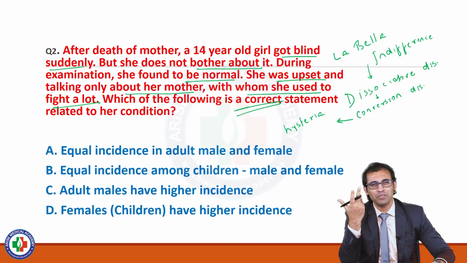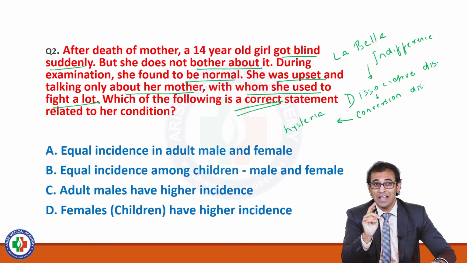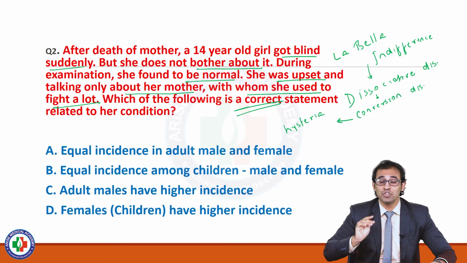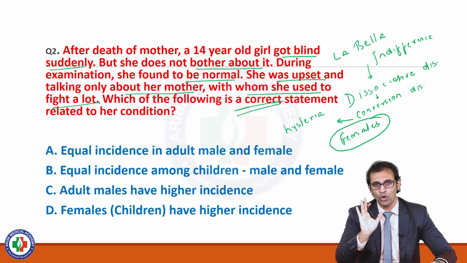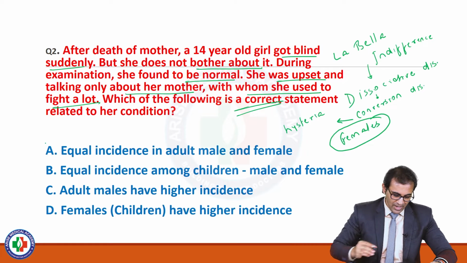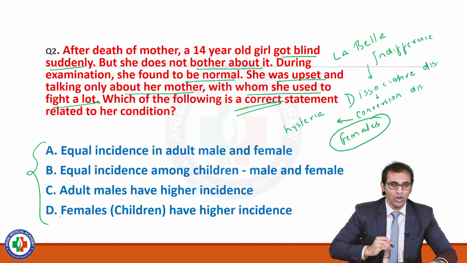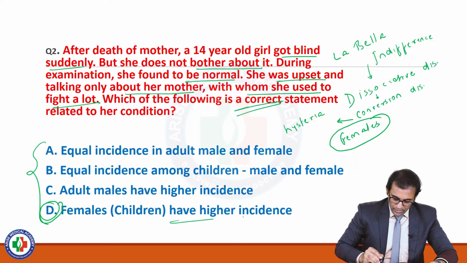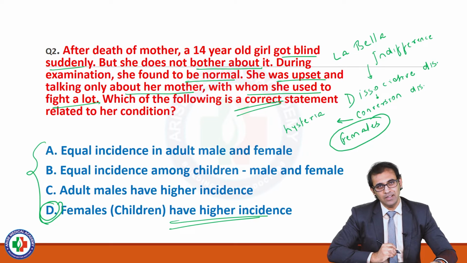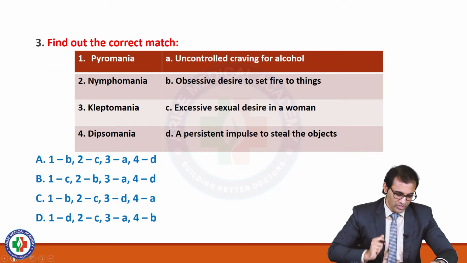She will be talking about something different: my mother was like this, my mother was like that. This is called la belle indifference. This is more common among females, adult or child, but more common among females, right? So out of A, B, C, D, what is your right answer? Females have higher incidence. Okay, now next question.